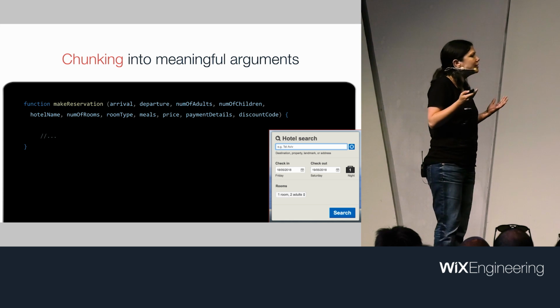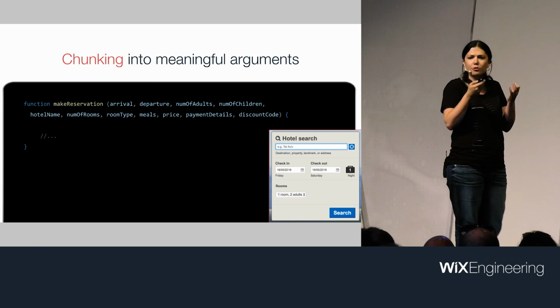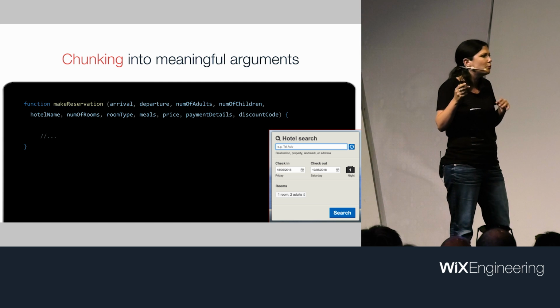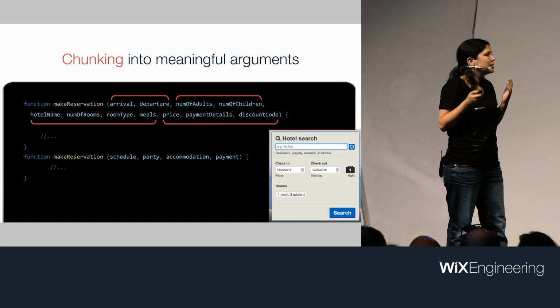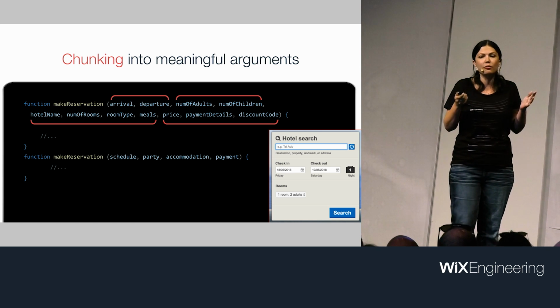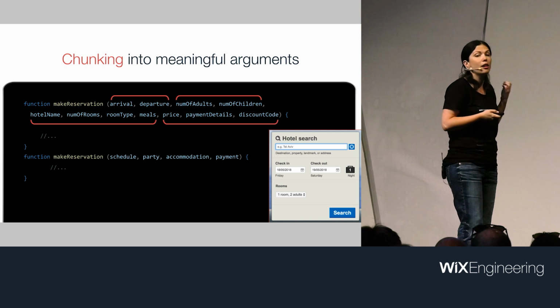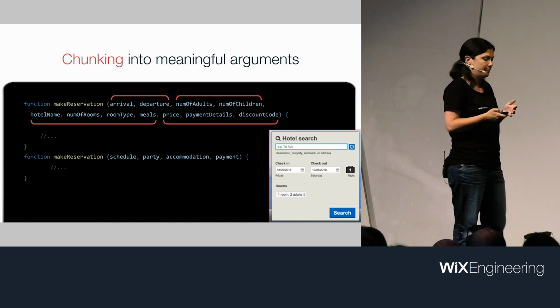But when I read it, it's like a stack overflow in me. It's hard to read and hard to understand what the function is really supposed to do with each of them. By using chunking and splitting them into meaningful arguments, objects, and namespaces, it becomes a lot easier to read and to remember as I read it.